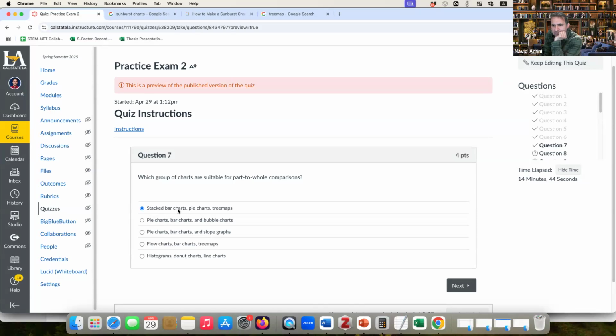So stack bar chart, since the bars are stacked, we can kind of guess the ratios and what portion of the whole a specific category or the addition of 2 categories make up. Pie charts, we already discussed in the quiz how they are good when it comes to part 2 whole comparisons, provided the number of categories are small.